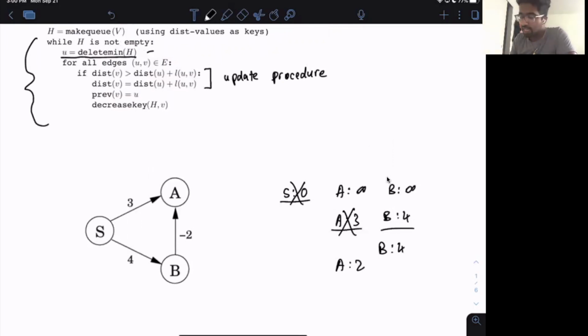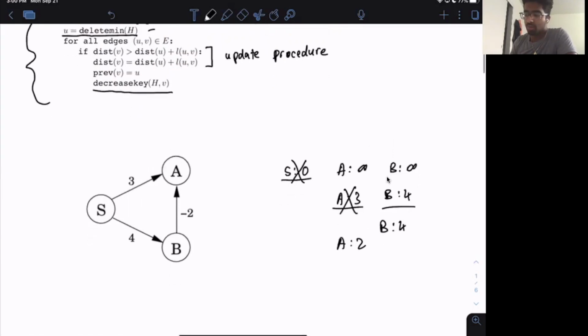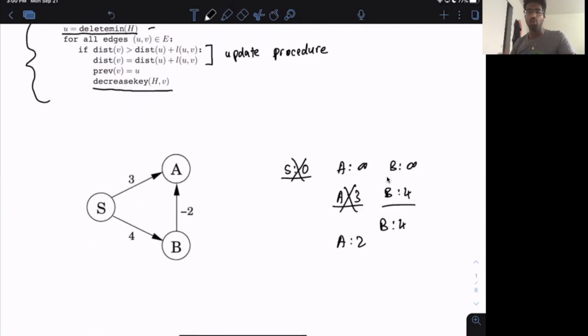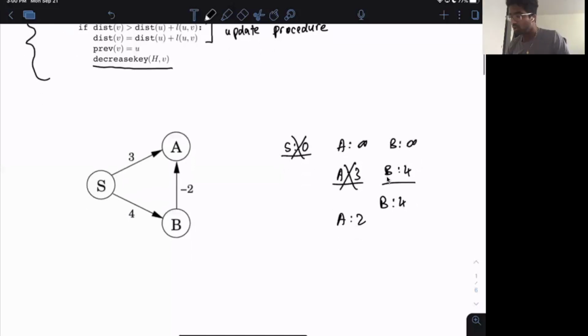So this decrease key won't really work, because A isn't even in the priority queue anymore. And that leads to the issue, right? Even though the shortest distance should be 2, we've already finalized the shortest distance to be 3. That's the issue with Dijkstra's on graphs with negative edges.